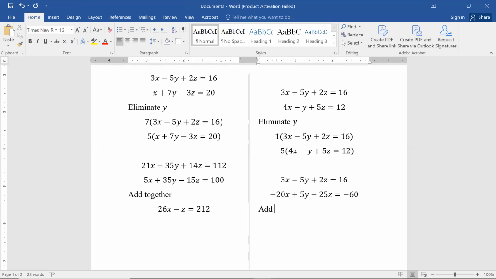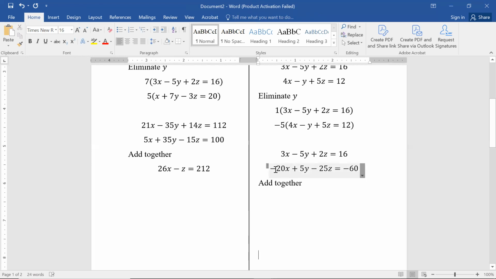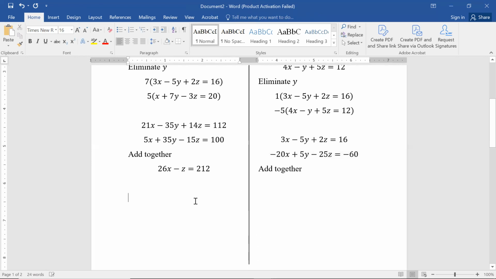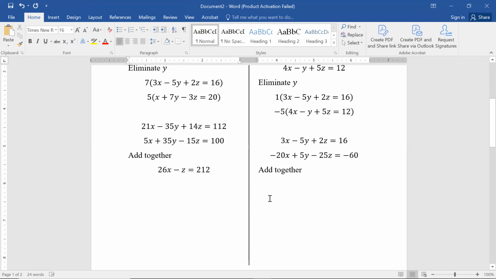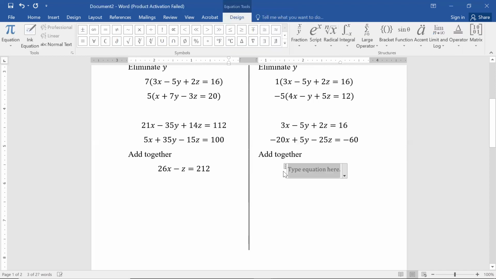Now we add these together. And you end up with -17x plus 0y minus 23z is equal to -44.